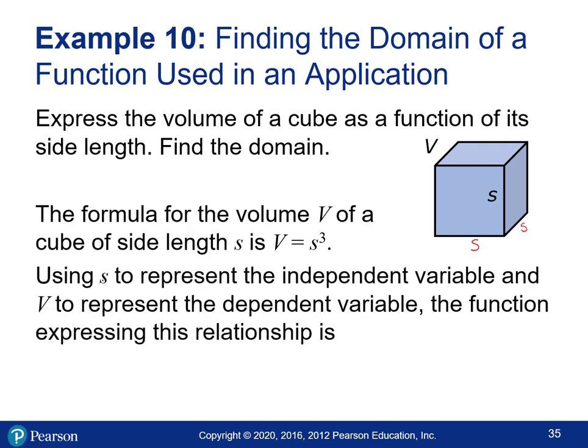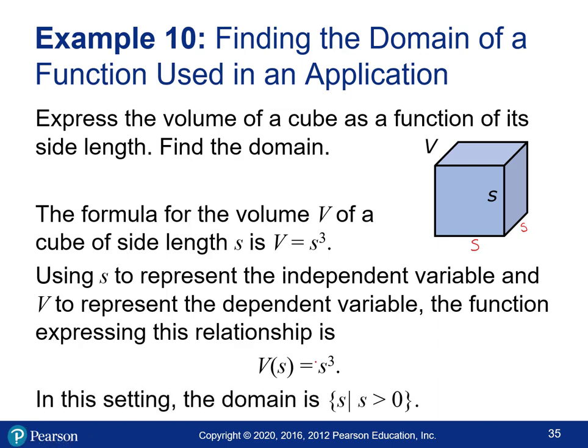And then if s is our independent variable, you can choose the side length for your cube. V depends on our choice, so V is a dependent variable. And then if we want to talk about our domain, we can plug in anything greater than 0. Okay, so this is our function notation for the volume of a cube, where our input is side length.